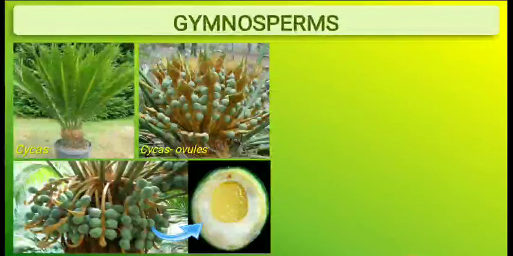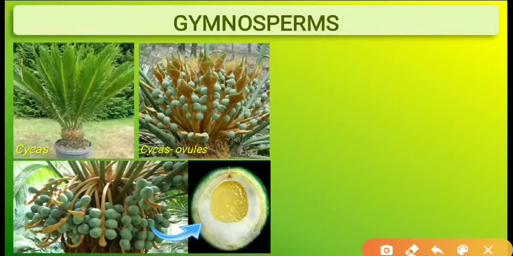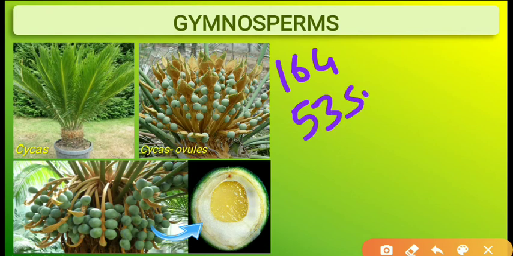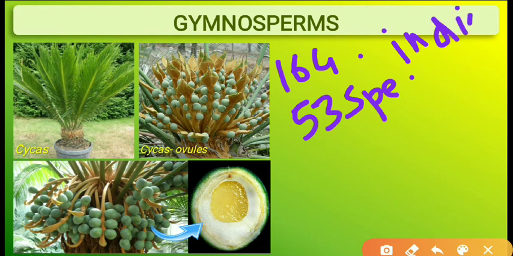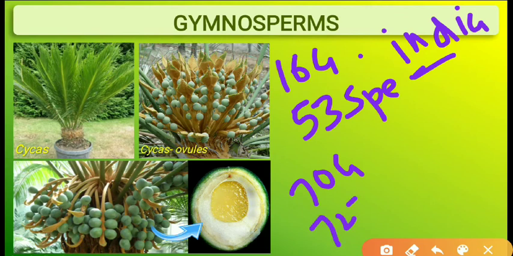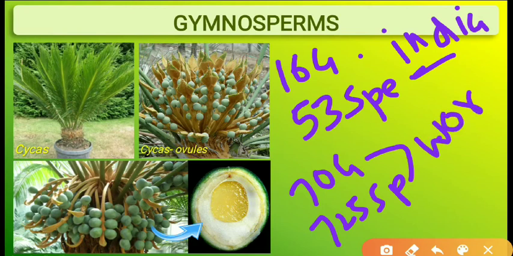In India there are 16 genera and 53 species. And if we look at the whole world, there are about 70 genera and near about 725 species all over the world. These plants can survive in extremely harsh conditions.